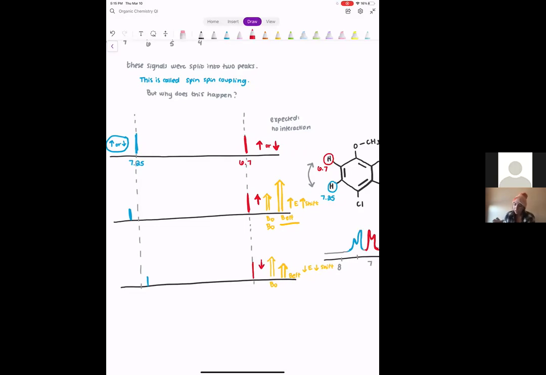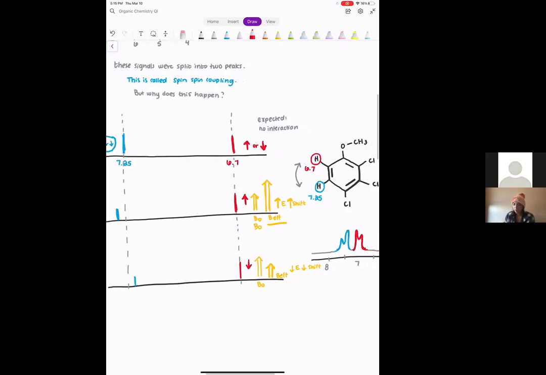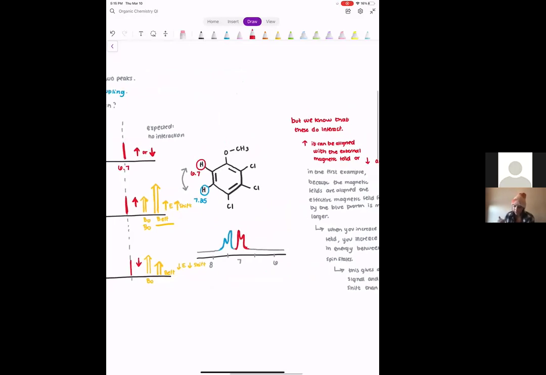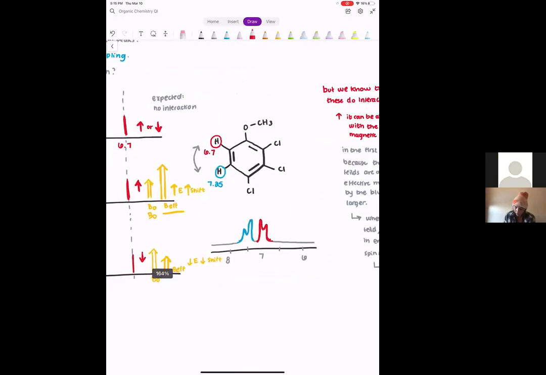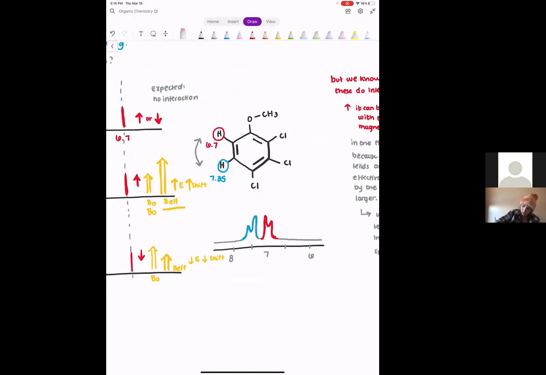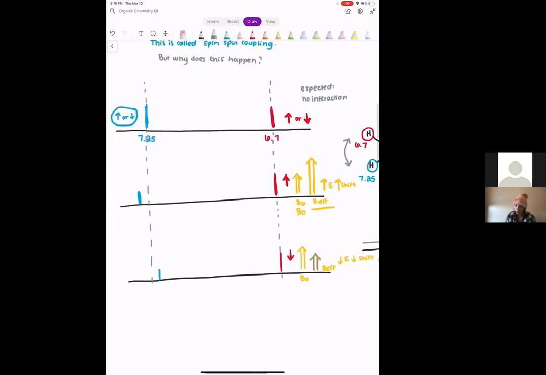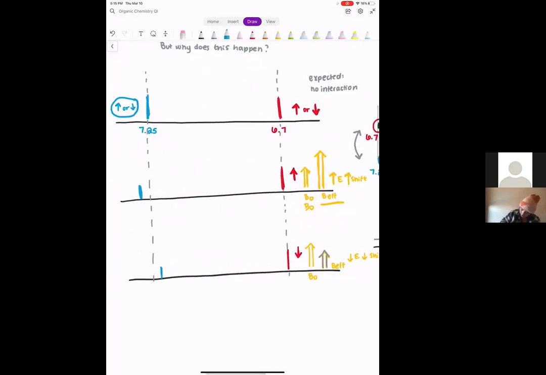If the external magnetic field is aligned against the magnetic field of the hydrogen, then this effective magnetic field will be much smaller than would be expected, which would give a lower chemical shift, as you can see right here.